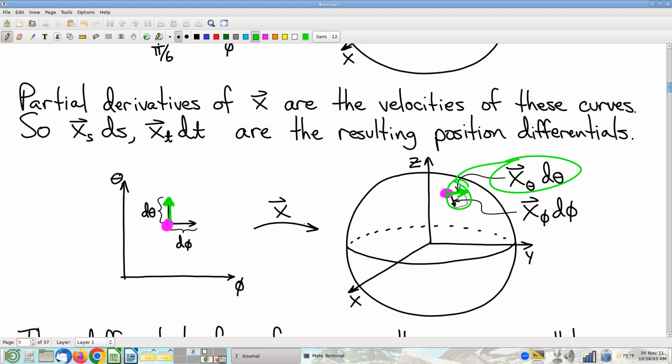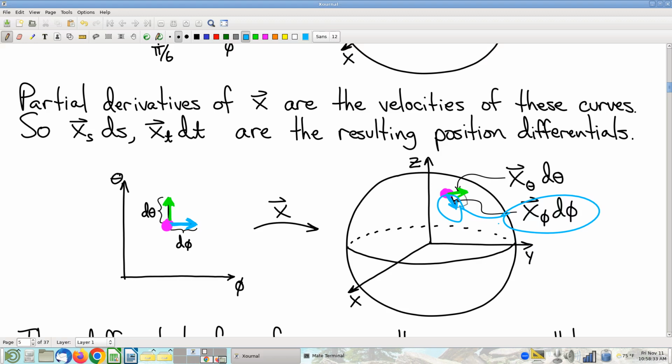And then analogously, if I were to move in the phi direction by some amount, I know the velocity of the phi coordinate curve, and that velocity times d phi gives me my phi position differential. Everybody all right with that?